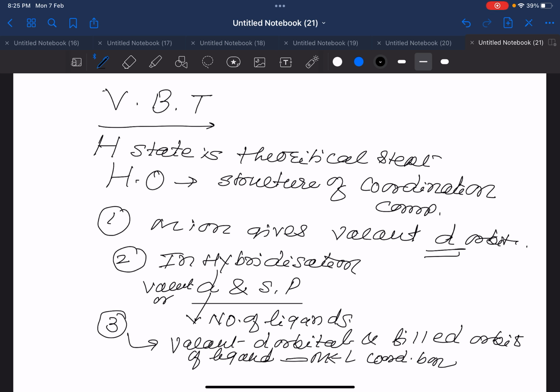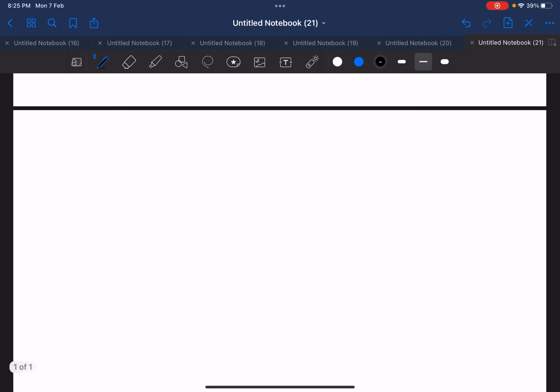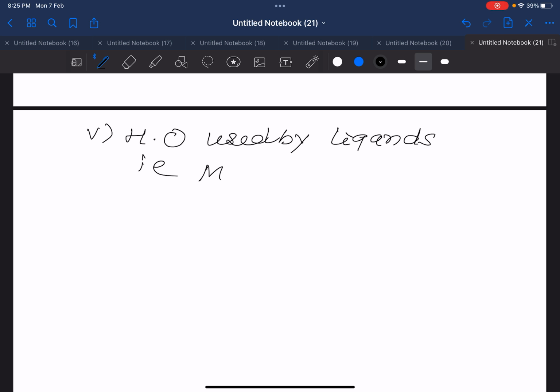Now next point हम लोग बोल सकते हैं the hybrid orbital used by metal ion point in the direction of the ligand. That is, metal ligand bond decides the direction of the geometry of the coordination compound.